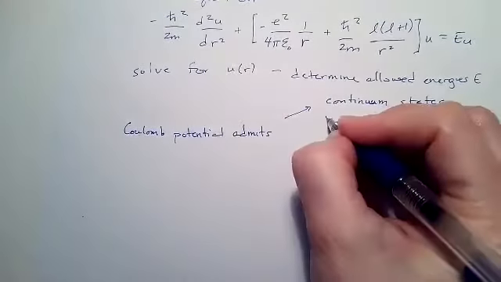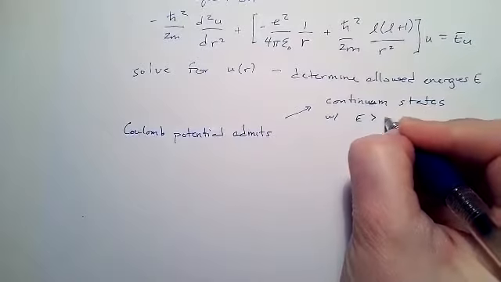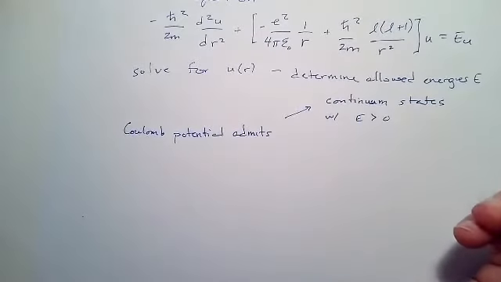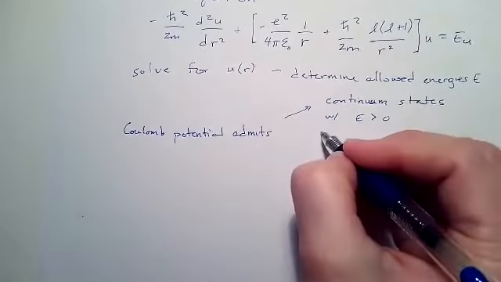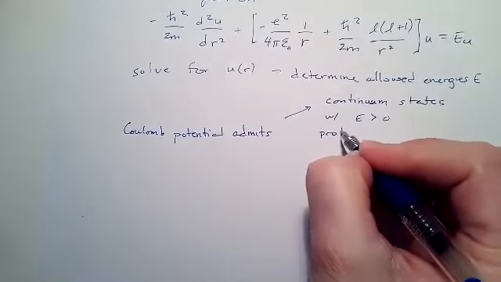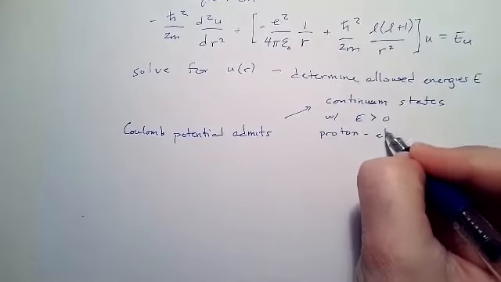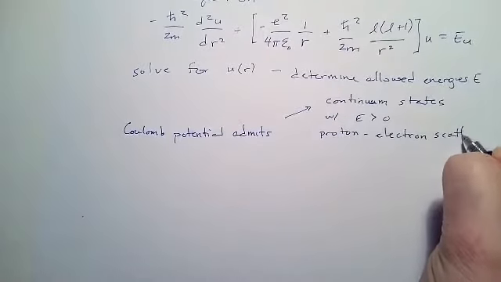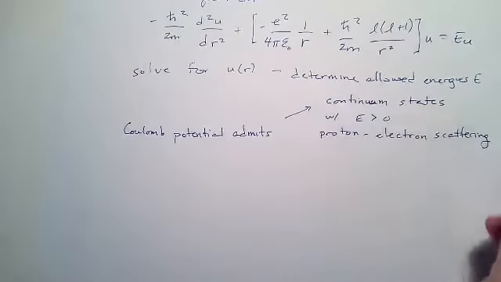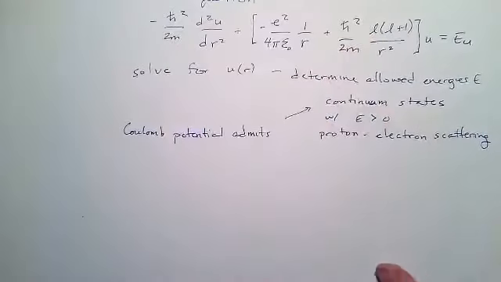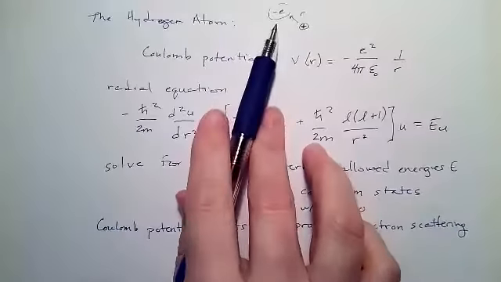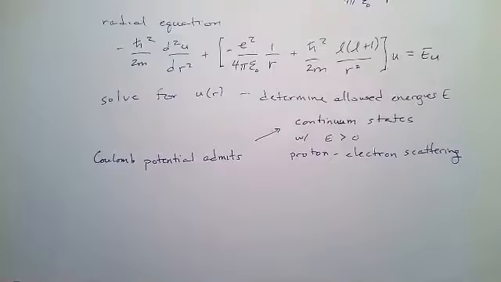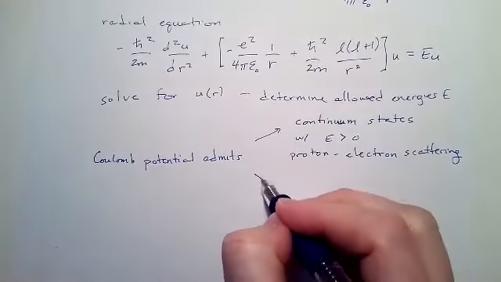Those continuum states have energy that is greater than 0. What those continuum states describe is actually an electron being scattered away from the proton. So an electron escaping this orbit that I roughly drew up here would be this first continuum state, or these continuum states.